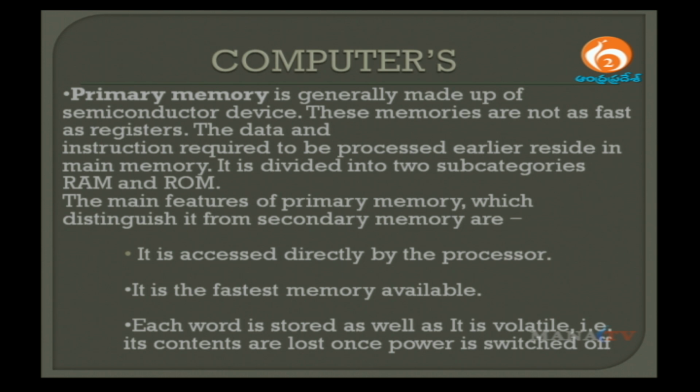The main features of primary memory which distinguish it from secondary memory are: it is accessed directly by the processor, it is the fastest memory available, each word is stored, and it is volatile, that is, its contents are lost once power is switched off.